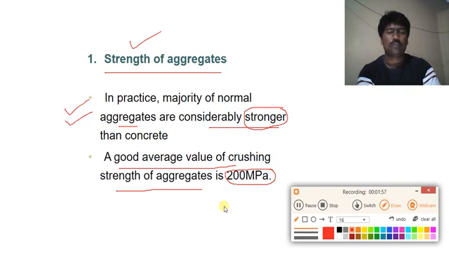If you consider any aggregate, it should have a minimum crushing strength of 200 MPa, then we call it a good aggregate, so that this type of aggregate can be used in construction purposes. So this is about the strength of aggregate.